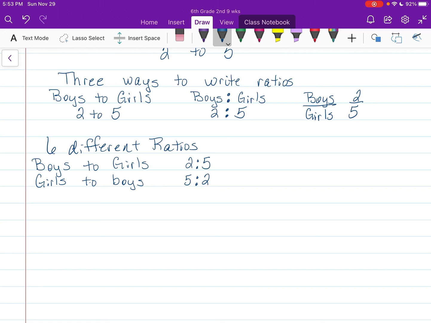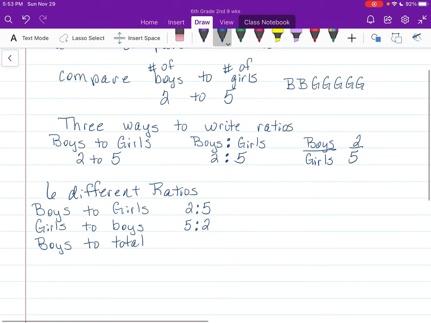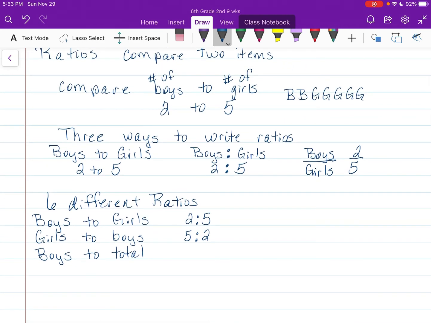All right, so we have boys to girls, girls to boys. Well, we could do boys to students or boys to total. So if we go back and look at our visual representation, we had 2 boys and then we had 5 girls.